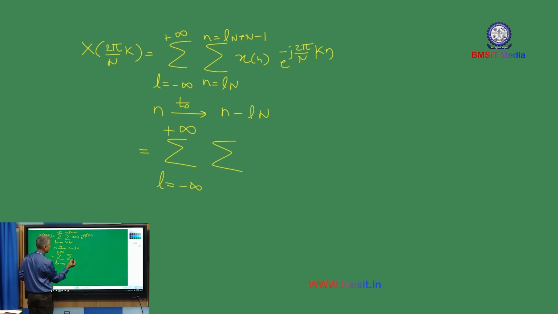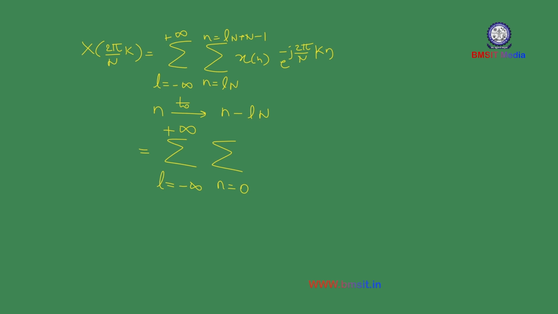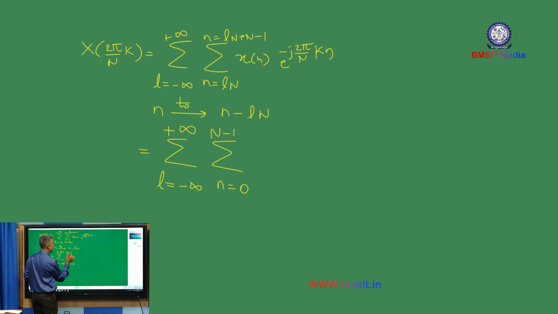So n is replaced by n minus ln. So it becomes n equal to 0 to n minus 1. You can even otherwise assume that ln is taken to the left side, and n is to be replaced by n minus ln.